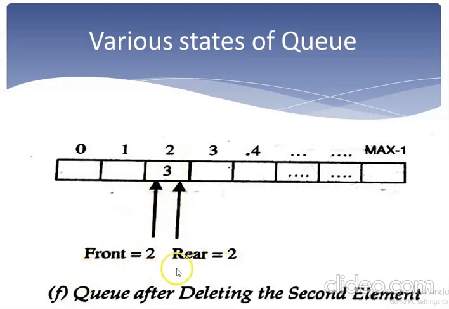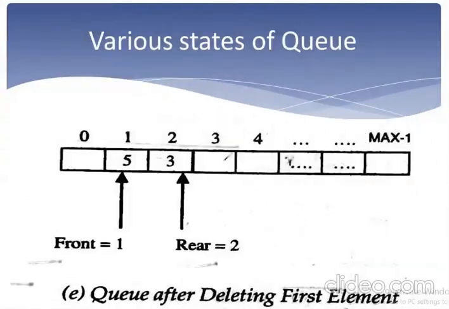Such condition, that is when front and rear point to the same location, gives us a state that the list will be having only one element. In the first case also this happened.